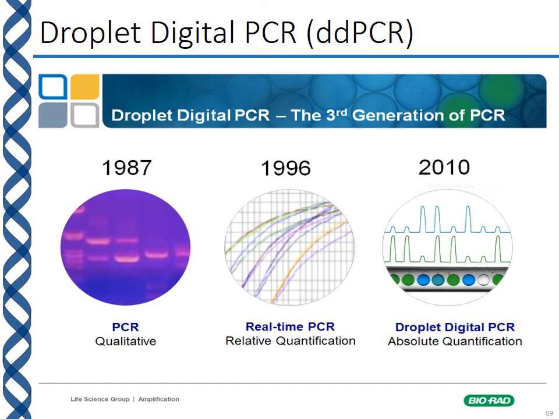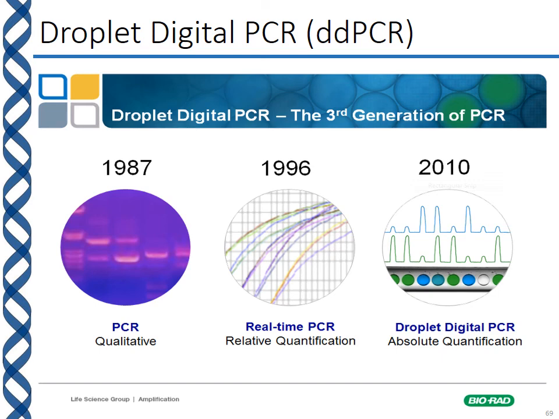So here's a slide again from BioRad on where ddPCR fits into the history and progression of PCR. The first generation of standard PCR, the endpoint PCR that we were discussing, is qualitative, and so the best you can do is see the band there, how bright is the band, etc. Then the essentially second generation of PCR was the real-time PCR, where we were able to calculate the relative quantification of the template sample and detect the amplification in real time.